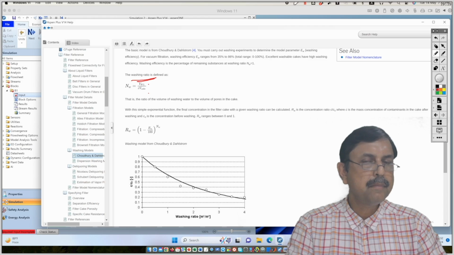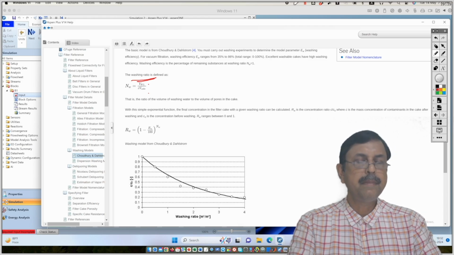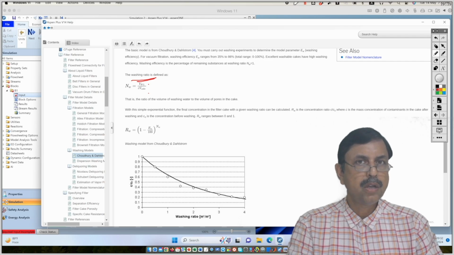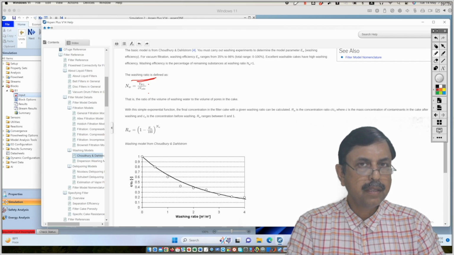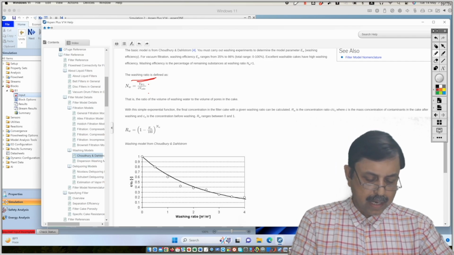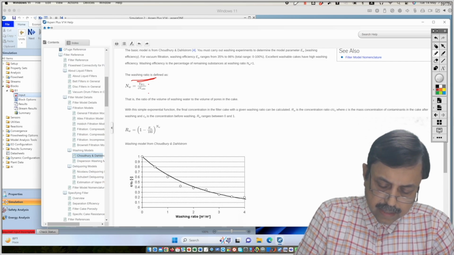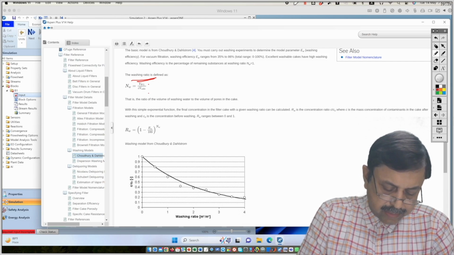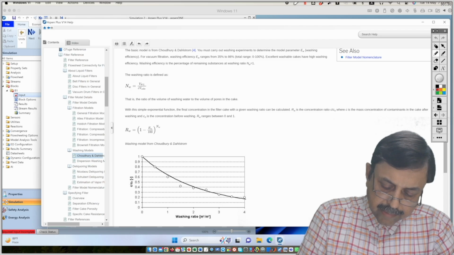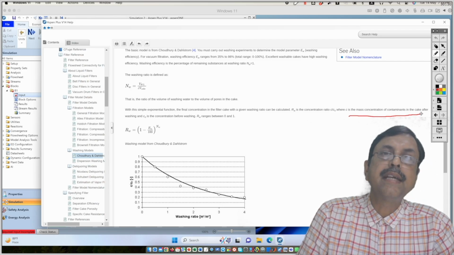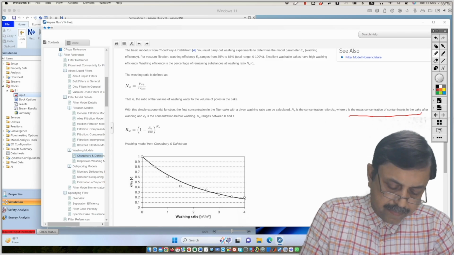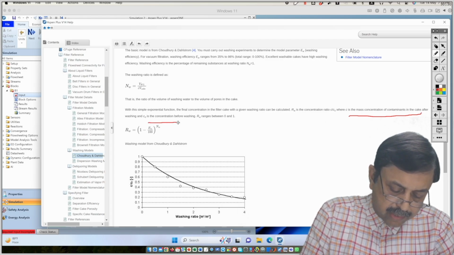So epsilon multiplied by volume of the cake, that will be the entire pore volume of the cake, right? Now you find another ratio C by C naught. C is the mass concentration of the contaminants of the cake after washing, and C naught is the concentration before washing.